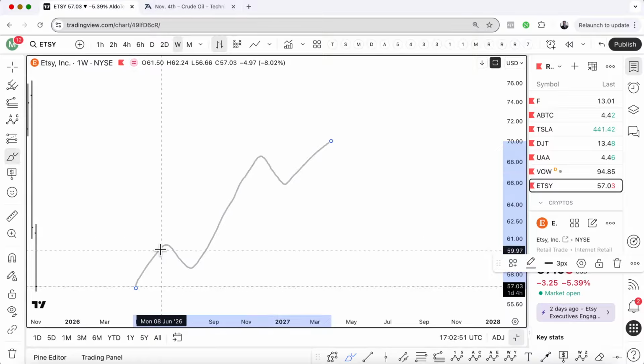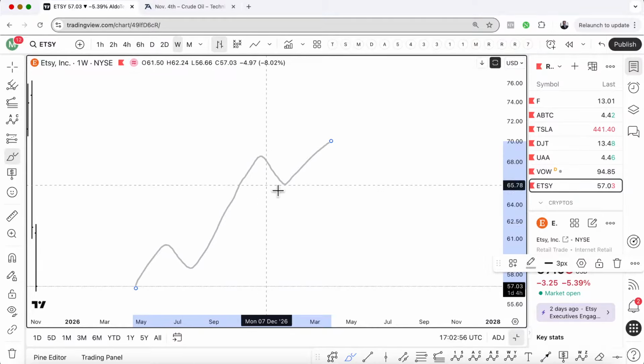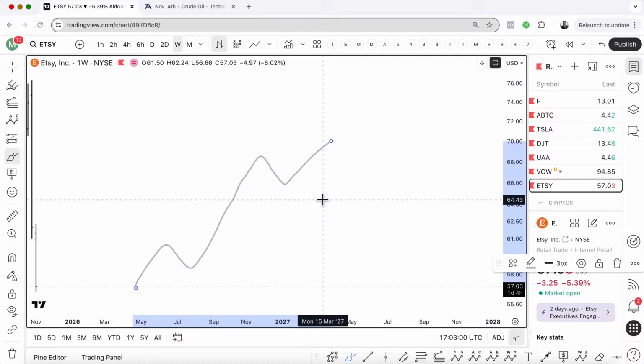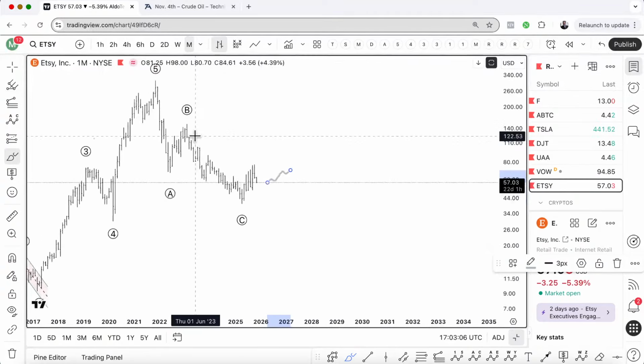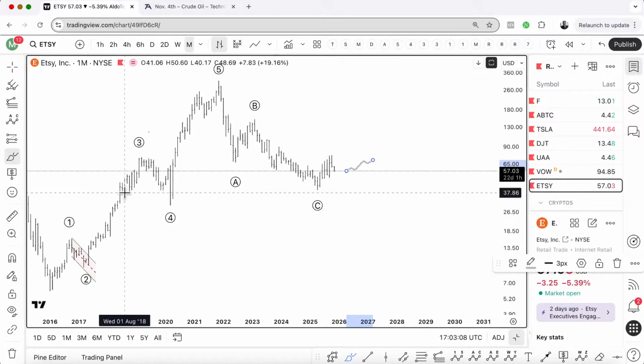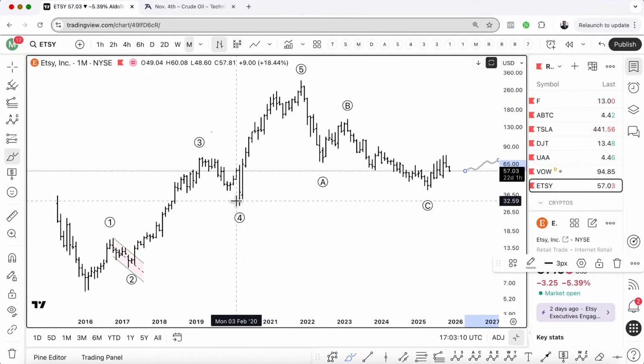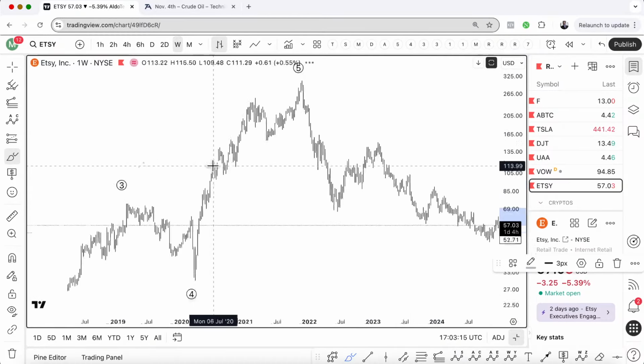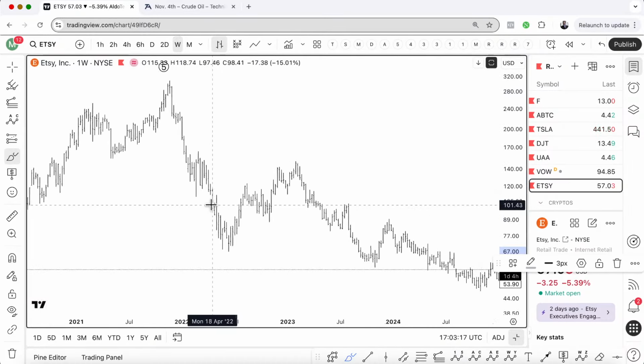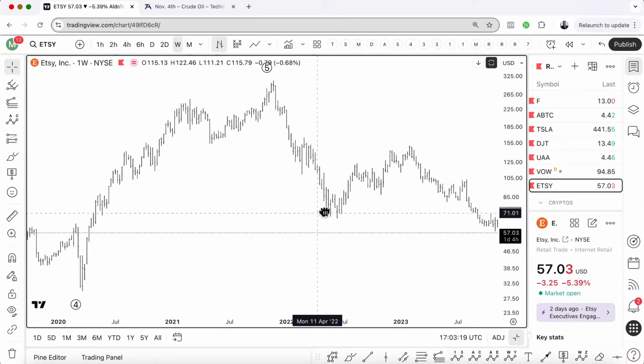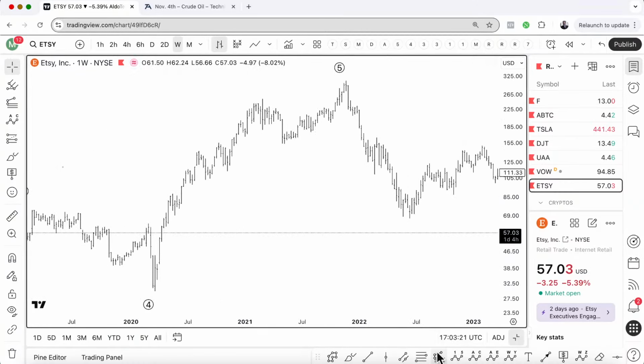So typically when we see an impulse, one of the waves is longer than the other. You probably remember that I think it was precisely in this market, where we labeled, here, in the weekly. We labeled these as, let's do it again.